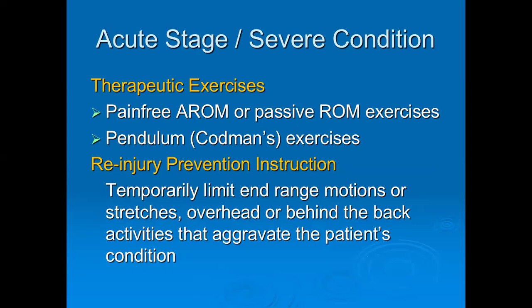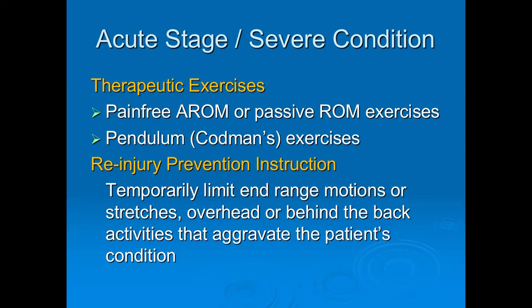Similarly, different range of motion or basic exercises can be prescribed and added to the protocol for the acute stage patient in the therapeutic exercise. The pendulum or Codman exercises are very crucial, and they should be provided to the patient to increase the range of motion.